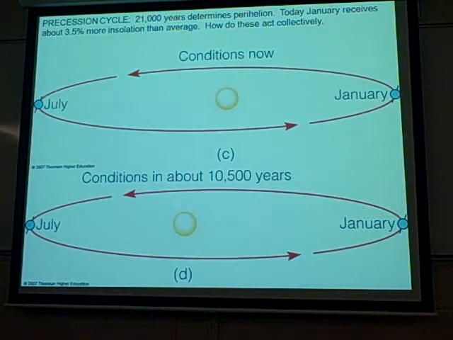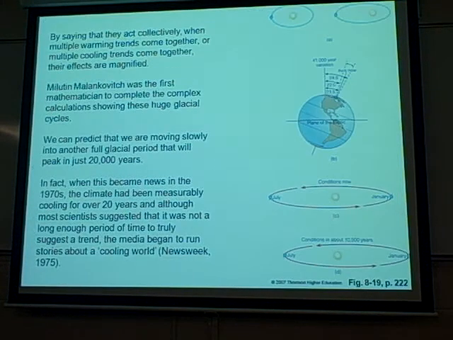So, for example, today, in January, we're a little bit closer to the sun. It doesn't make a huge amount of difference, but taken together with other things over long periods of time, it conceptually can make very big differences to our climate. For example, you could have multiple cooling trends that come together, and those effects will be magnified.